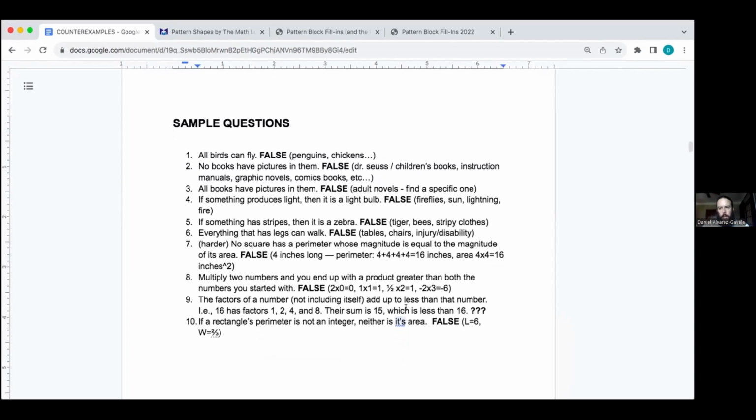Okay, so I want to move on to something a bit different, but I just wanted to go through some sample questions with everyone, so you see just how this game works in practice. Any questions or comments about the activity at this point?